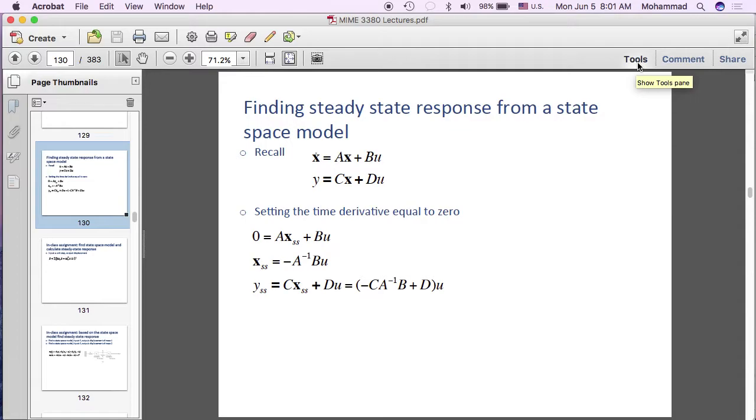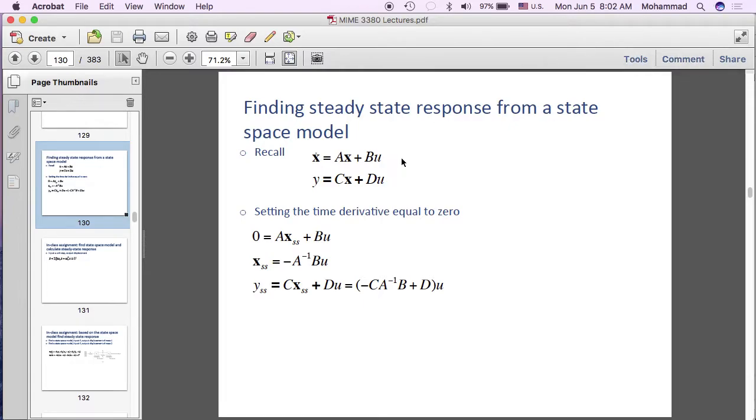If you look closely at the first part of a state space model, you would see a series of first order differential equations. x dot is equal to Ax plus Bu. So in steady state, that dot term has to be equal to 0, which is what we show here in this line.